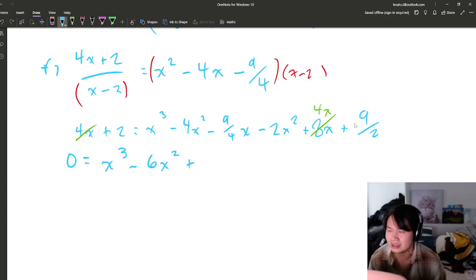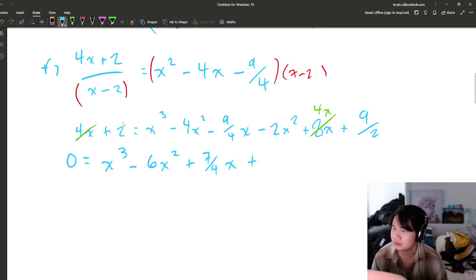Okay, well I don't even need to do this, but I'm gonna just do it for the sake of doing it. But 16 minus 9 is 7 over 4. And the most important one is the last one actually, which is 9 over 2 minus 2. Which is 5 over 2, I want to say.